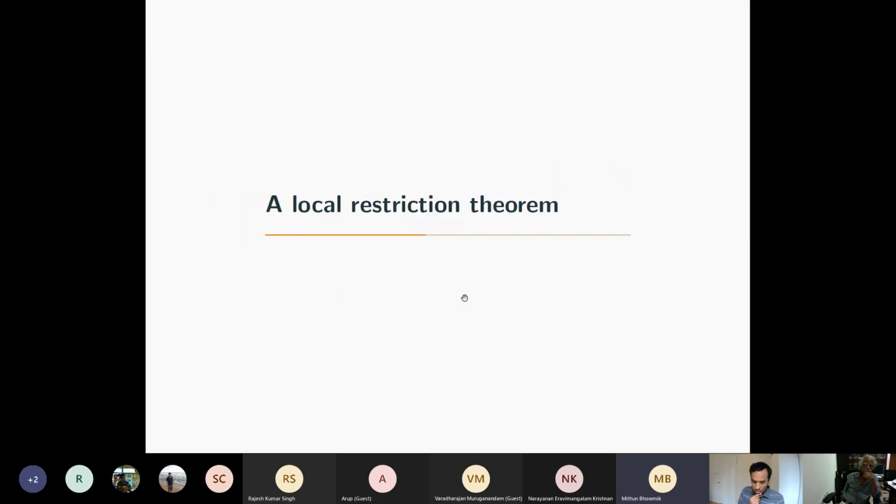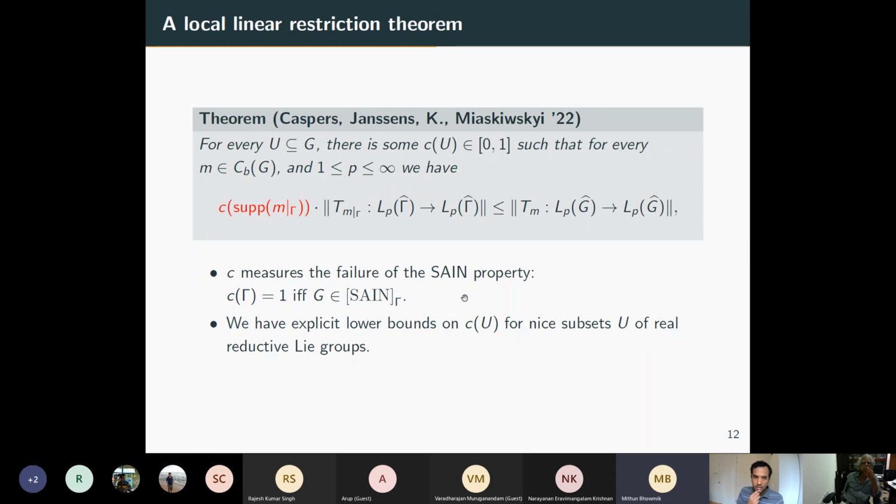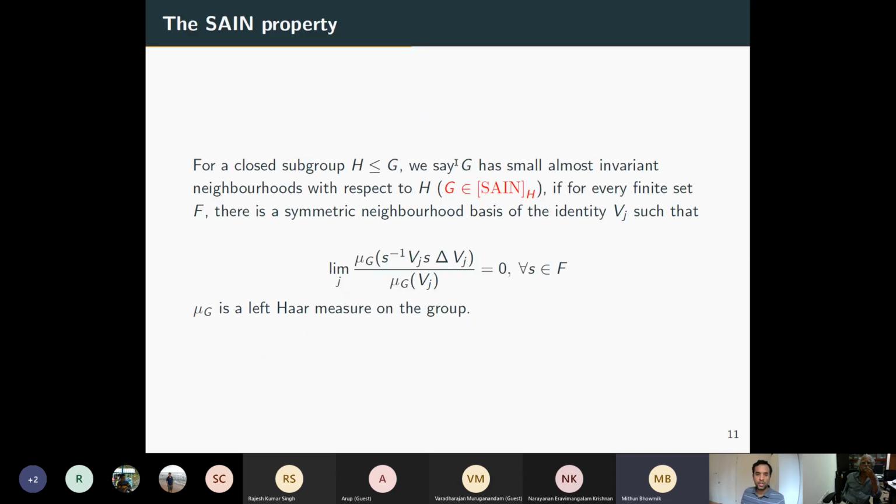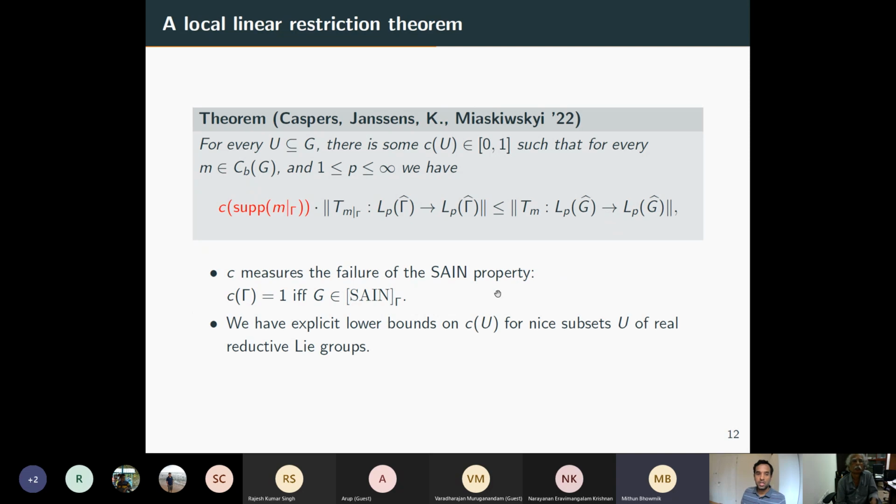Okay, so this brings me to the first result, which is a local restriction theorem, where the idea is we can remove this previous condition, the small almost invariant neighborhood property. We can completely get rid of this and still have a restriction result. The problem is that this restricted Fourier multiplier is no longer bounded just by the norm of the initial Fourier multiplier, but there's some factor.